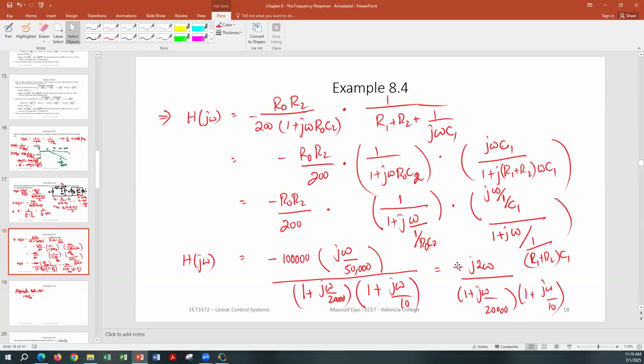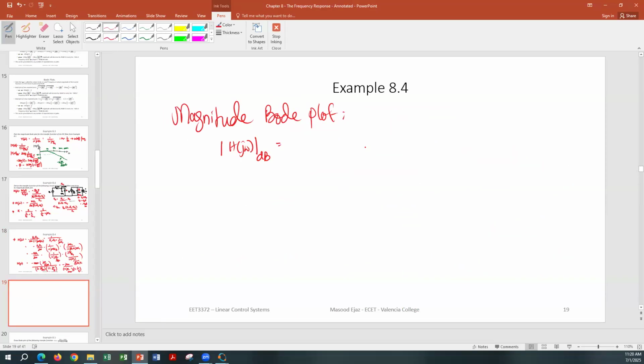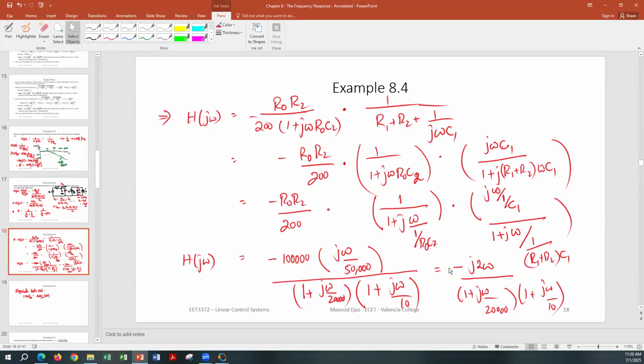Magnitude means, of course, we're going to drop this negative sign. Magnitude of the numerator, which is going to be 2 times omega. And then magnitude of the denominator.